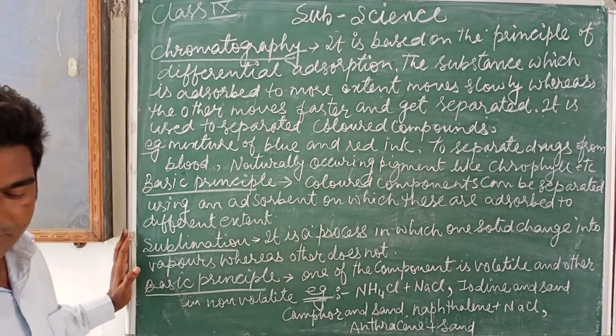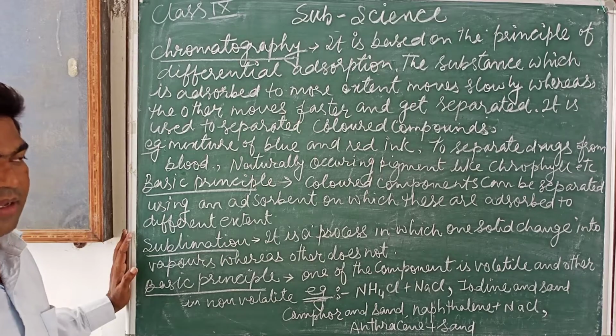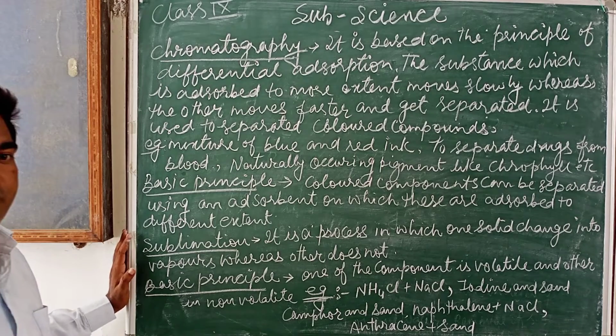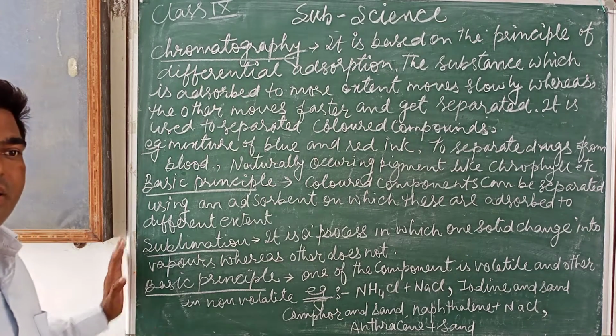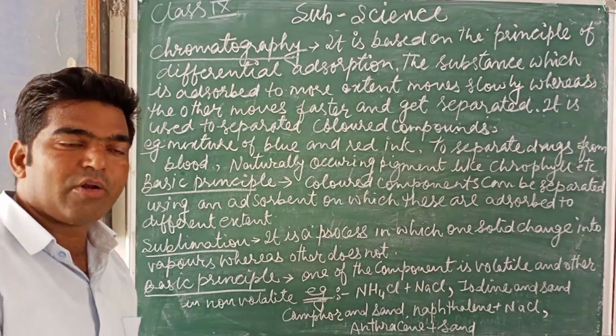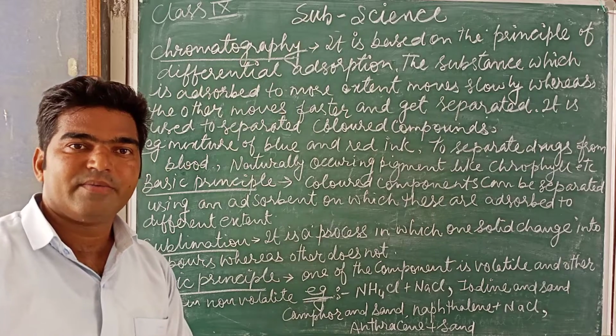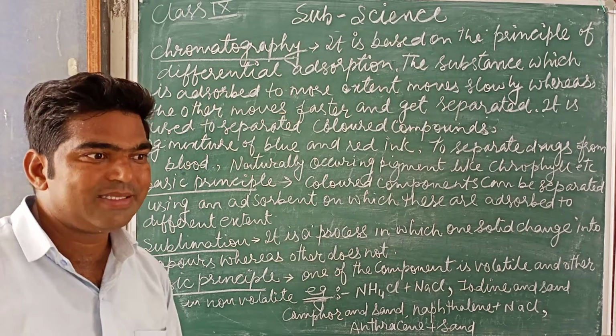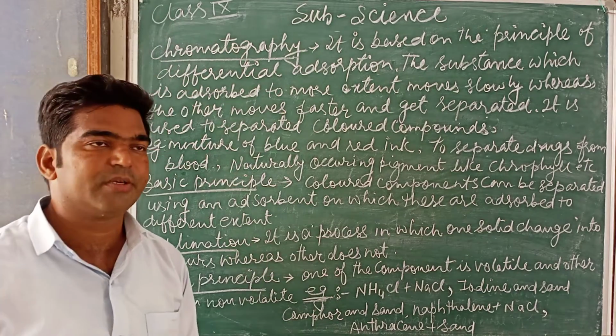Sublimation means what? Sublimation is a process in which a substance directly changes from solid to vapor without undergoing a liquid state.